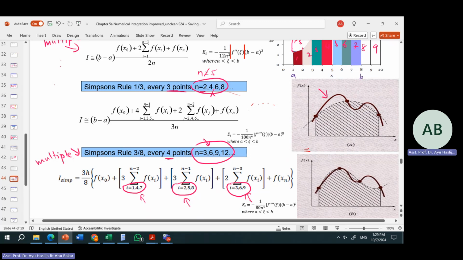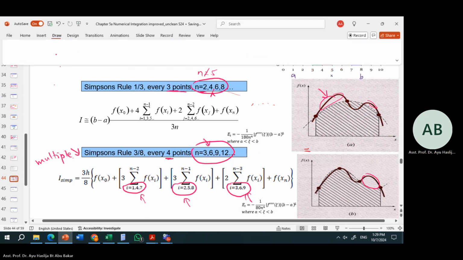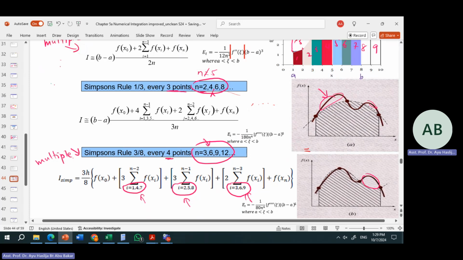If you do 1/3 with 3 points, you have this error. If you use 4 points, then lesser error. But if you use trapezoid, the error will be lesser as well.